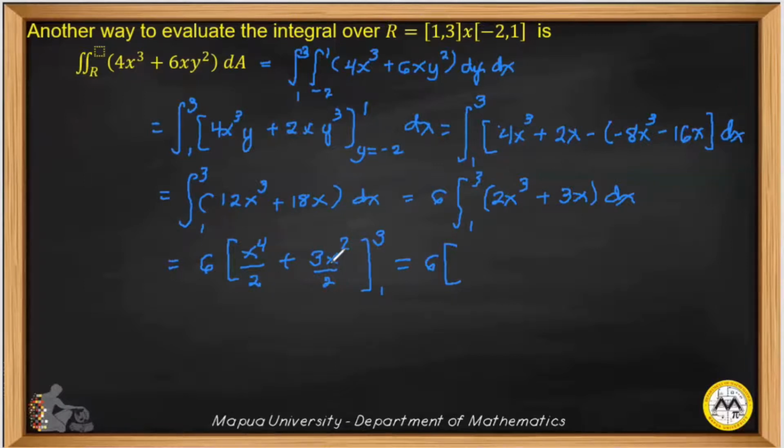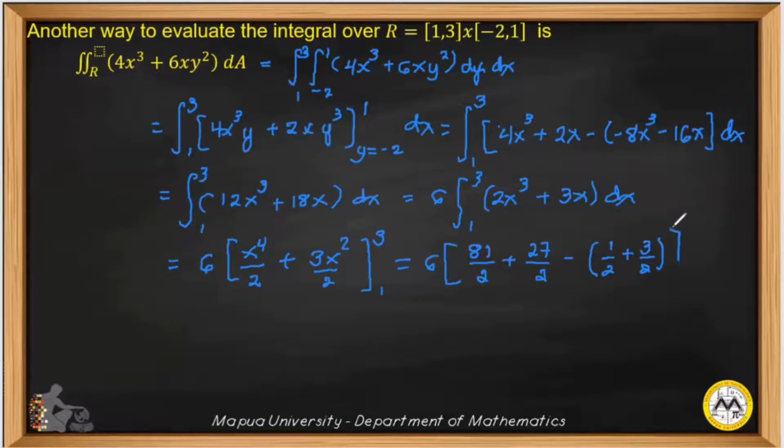evaluating the integral at the upper limit 3. 3 raised to the fourth power is 81, so we have 81 over 2 plus 3 squared is 9 times 3, 27 over 2, minus the value of the integral when x is equal to 1, which gives us 1 half plus 3 over 2.